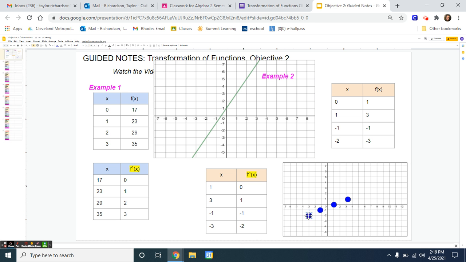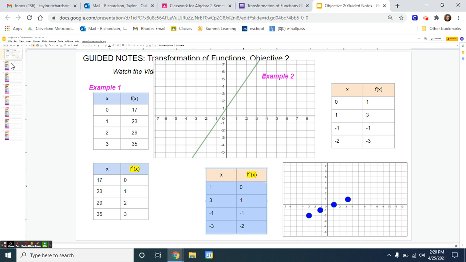That's a graph, and this would be the opposite of our original. Lines are a little bit harder because they're straight lines. They're not super special, but these are inverse graphs. They're opposites. So if you're given a graph, make sure you pull out points. Maybe even on the quiz, you're not going to have tables necessarily. Maybe even write these points down, flip them in order to find your new graph.